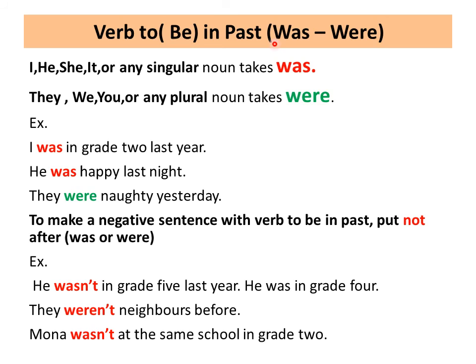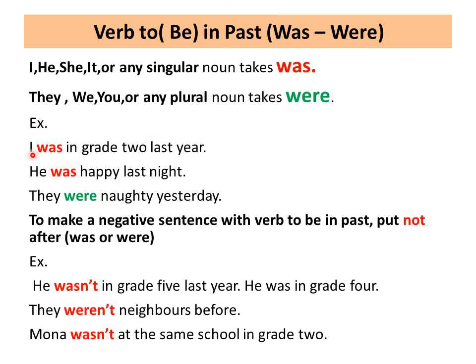Am and is, I change them to was if I want to talk in past. Are, change it to were. So if I have I, he, she, it, or any singular noun, it takes what? Was. They, we, you, or any plural noun takes were.